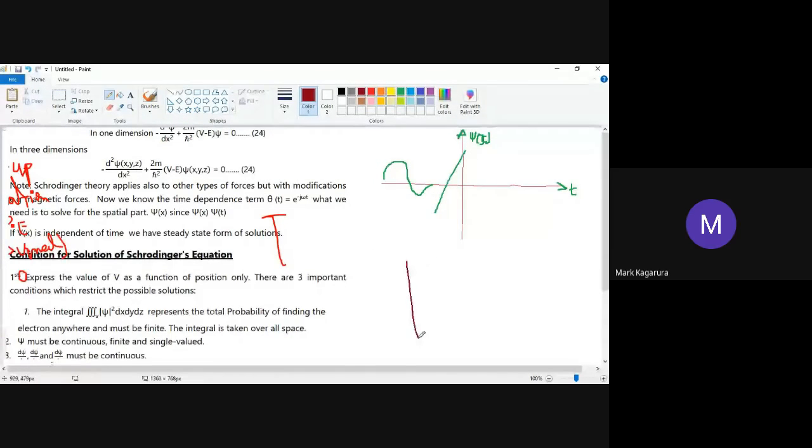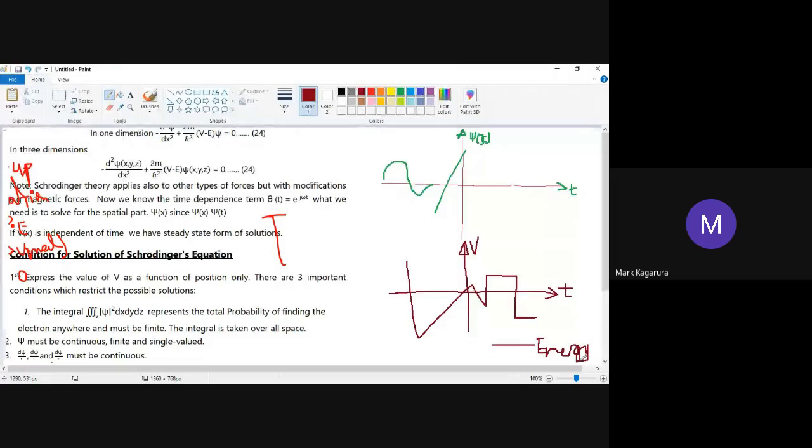Then your potentials can also have interesting shapes. Of course, energy is a scalar.